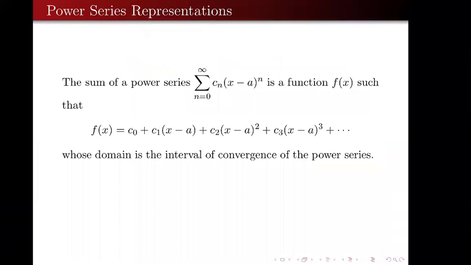Now, the sum of a power series given by this is a function. This is a function such that f of x is equal to c sub 0 plus c sub 1 times x minus a, plus c sub 2 times x minus a squared, plus c sub 3 times x minus a cubed, etc. And the domain of this function is the interval of convergence of this power series.